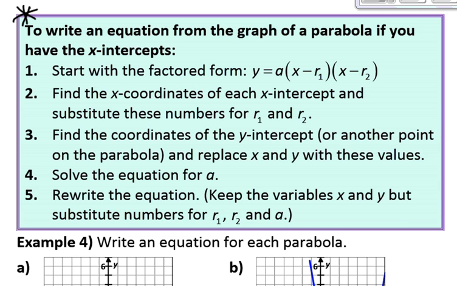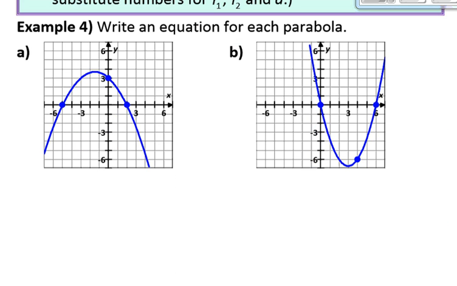So we're going to start with the factored form. Now the reason we know it's starting in factored form is, notice on example A, our vertex is not a pretty point. They don't give me the vertex, so I'm not going to use vertex form. But notice they do give me my pretty points, the x-intercepts. So that means if my x-intercepts are given, we're going to use factored form.